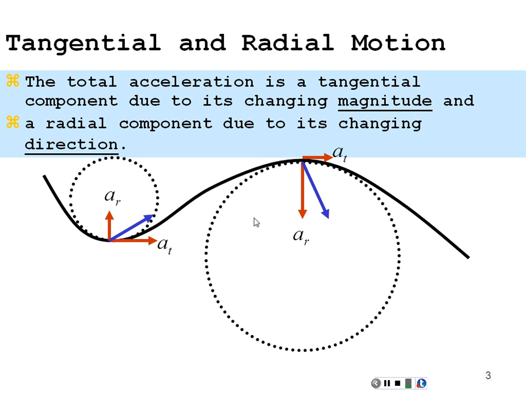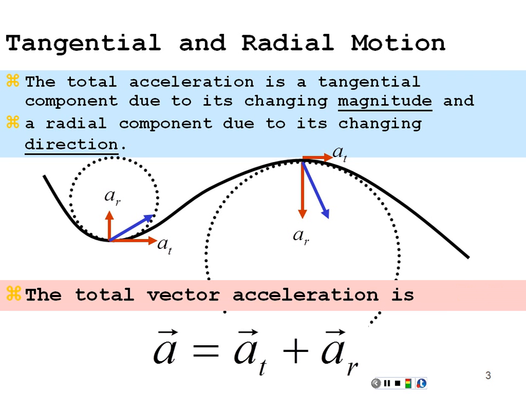If we were to look at a bird's eye view of a car going down a road, it could be changing its speed, hence changing its tangential acceleration, and it could also be changing its direction, hence changing its centripetal acceleration. The two accelerations will be perpendicular to each other, and our net acceleration will be the vector sum of these two. So we'll have a total acceleration equal to our tangential acceleration plus our radial acceleration.